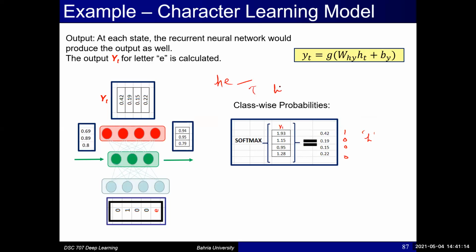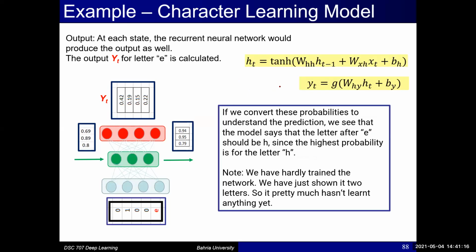But why is it incorrect? Because we have not trained this model, right? It is saying that it is H because it is not trained yet. I have just picked some random values and tried to see what it gives me. But once the model is trained, it is expected to give you some meaningful output.